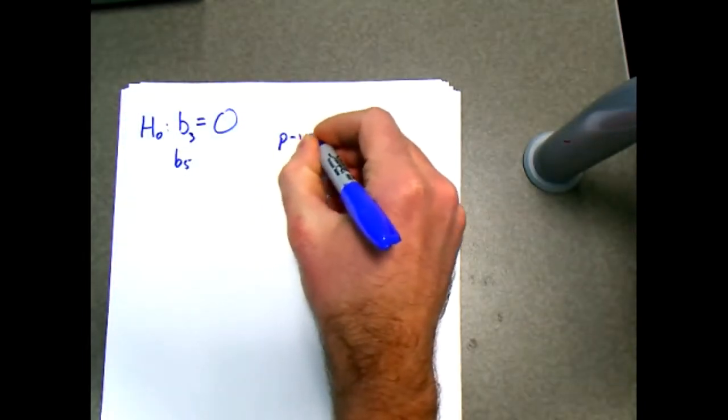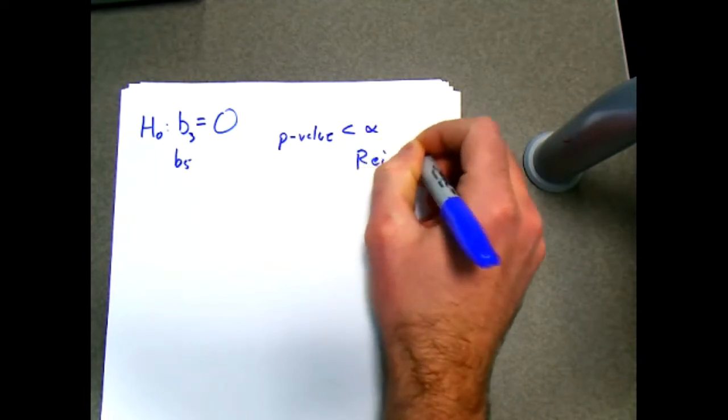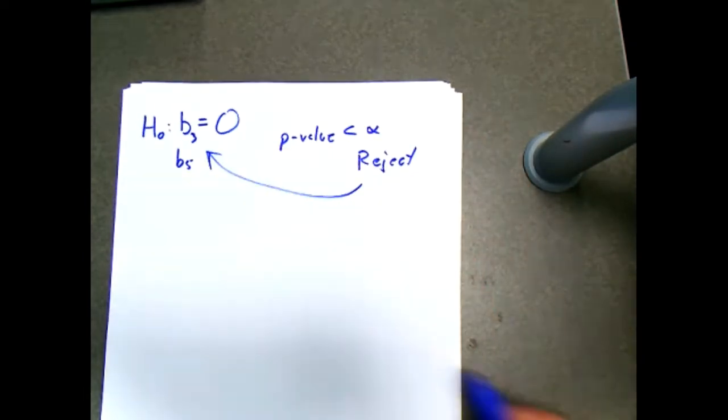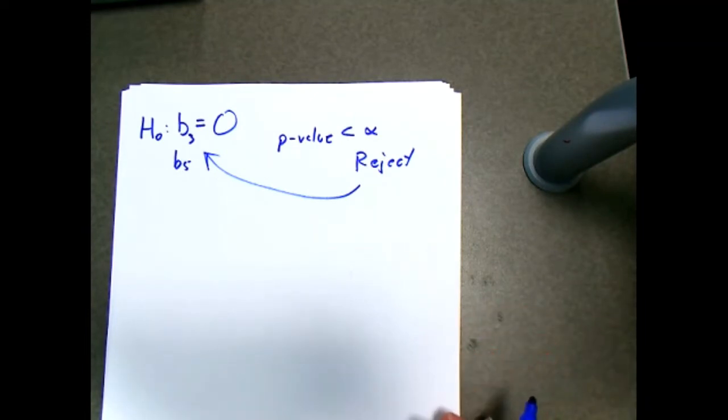That there is not a significant relationship between that x variable and our y variable. If we can find a p-value that's less than alpha, we can reject the null, which means we're rejecting that there's no relationship. Said differently, we found evidence that there is a relationship.